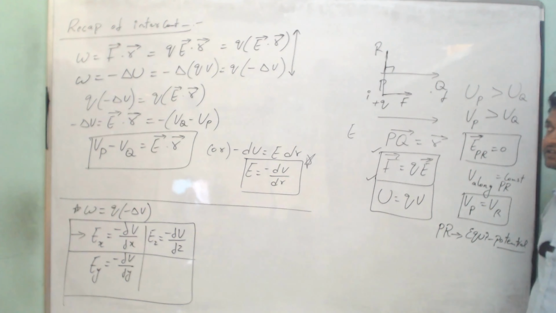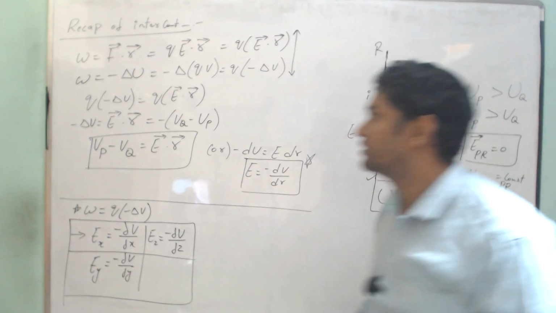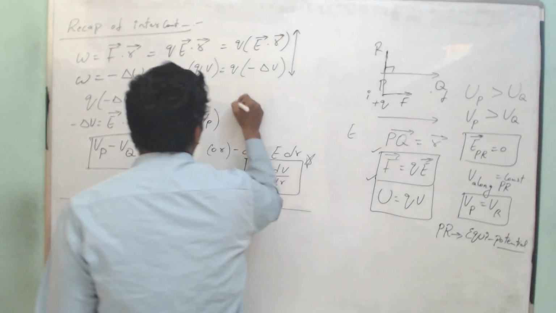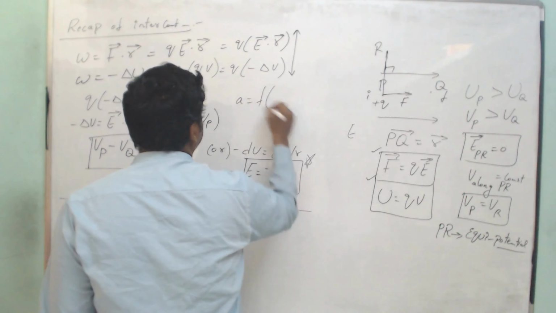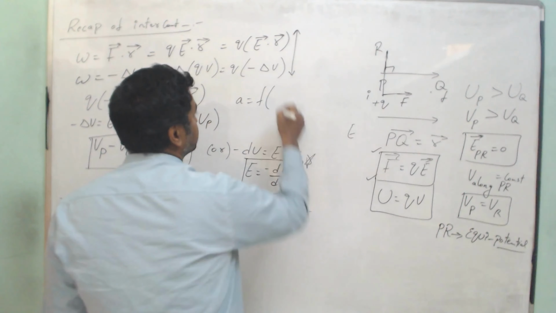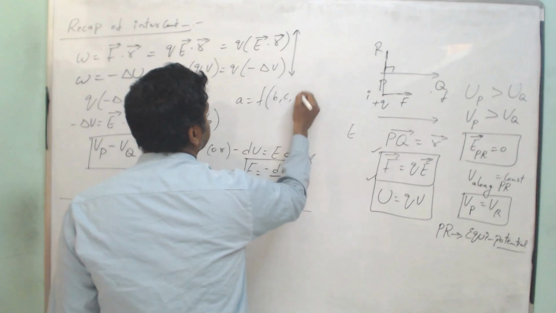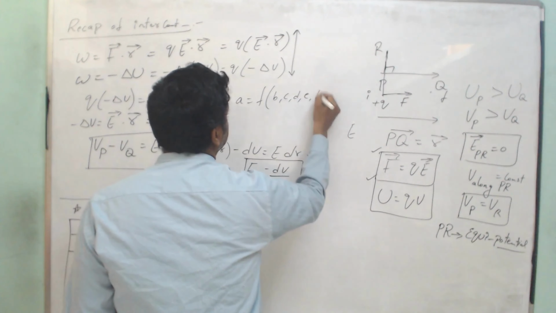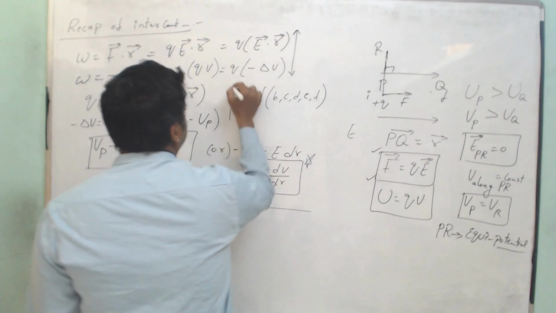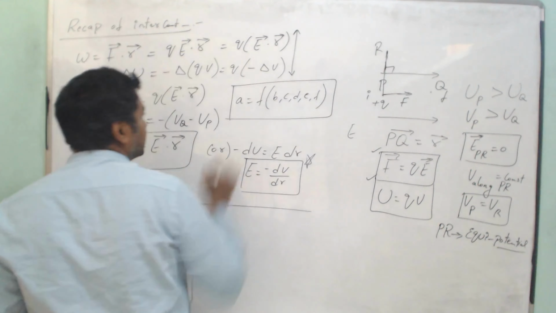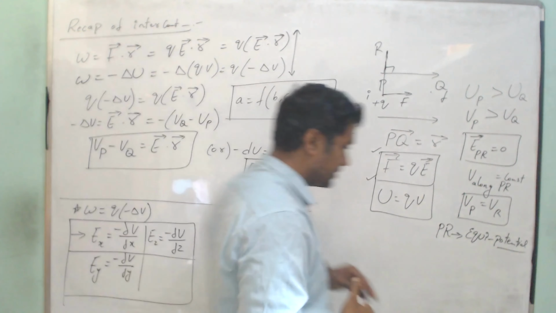Say a function A is dependent on B, C, D, E, F, that means this is a multivariable function.